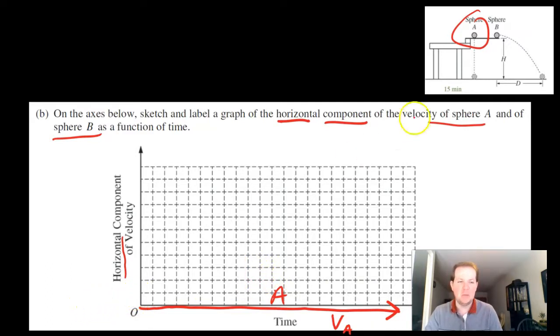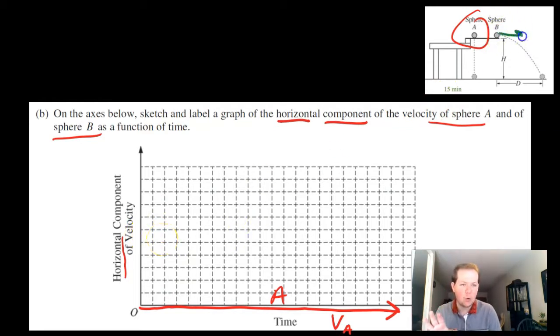Now, sphere B, it says it was given an initial horizontal velocity. Okay, so it starts moving horizontally. And of course, it's still projectile motion. That horizontal velocity is constant. So for B, I'm going to switch to green. For B, it should be some non-zero, right?